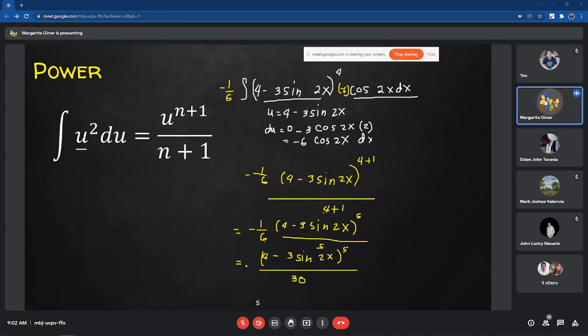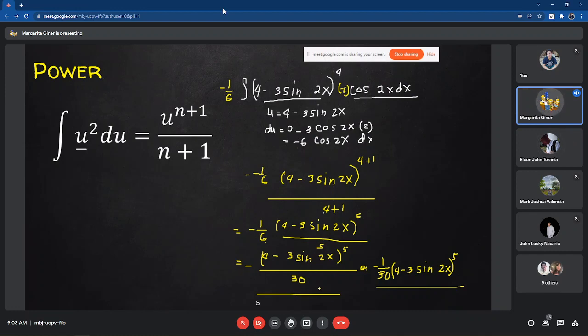But this time, this is negative. Okay? Or pwede man, ang answer mo, negative 1 over 30, and then you're going to multiply it by 4 minus 3 sine 2x raised to 5. Okay? It's either sa duwa ang sabat.